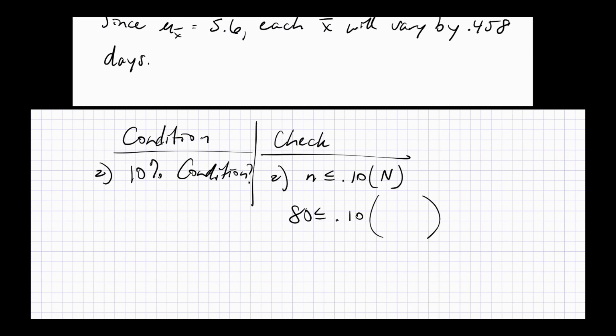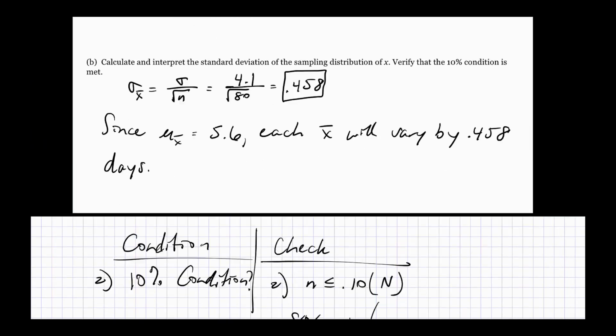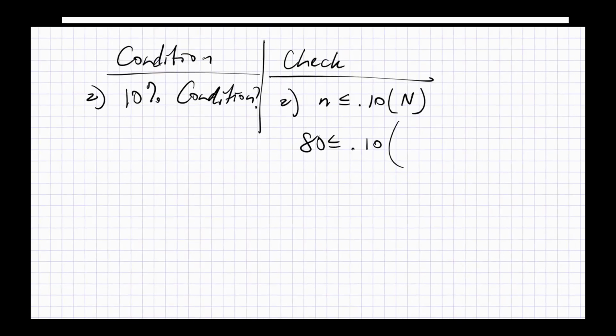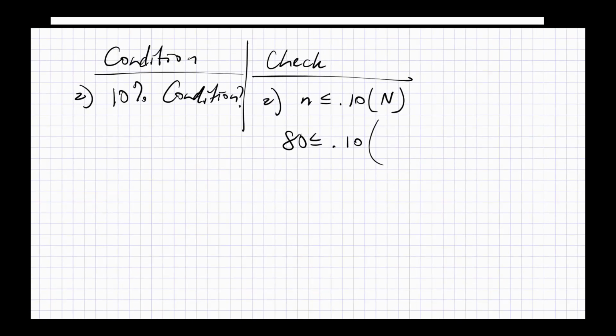So they don't give us the number of big N, but do we know how to describe the population? Number of students at a large high school. Yes. Students at this large high school. Okay.